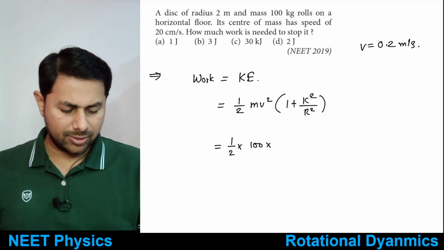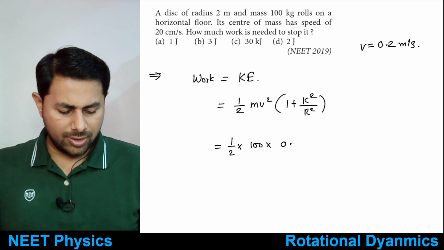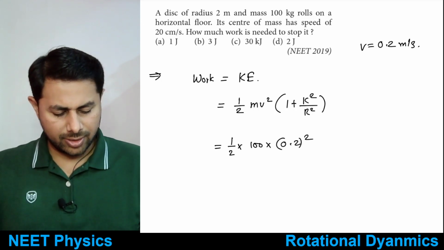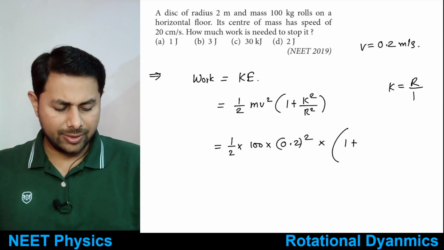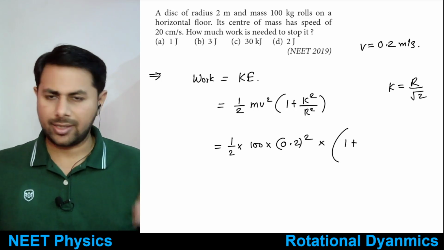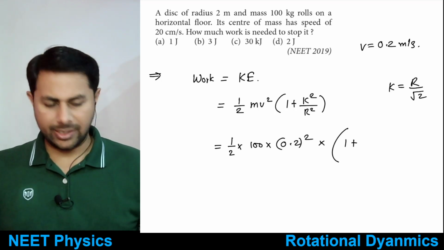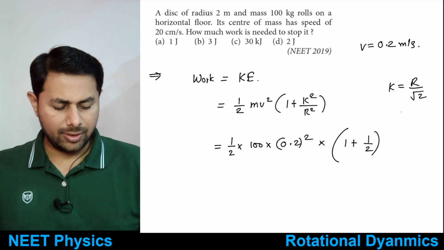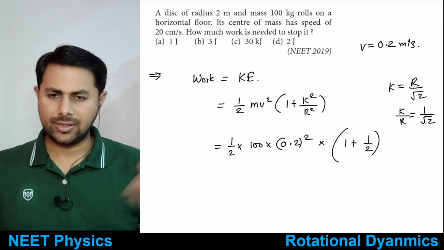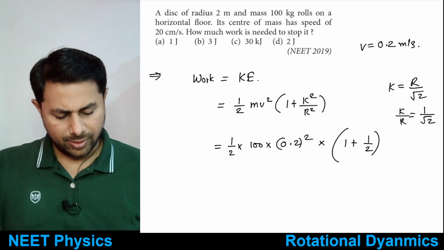We need to convert this to meters per second. So 0.2 square, multiplied by 1 plus k square by r square. It's a disk. So k is equal to r by root 2. So k by r is 1 by root 2. Therefore k square by r square is 1 by 2.